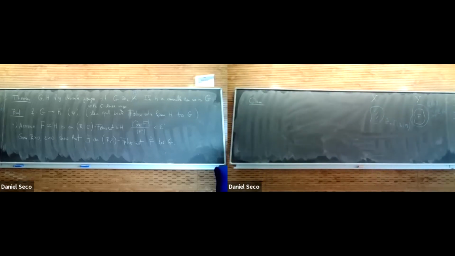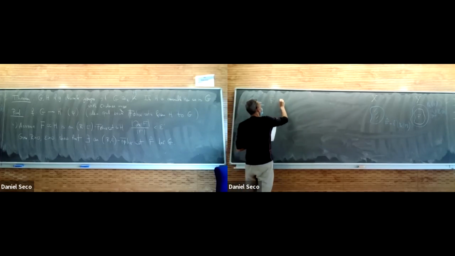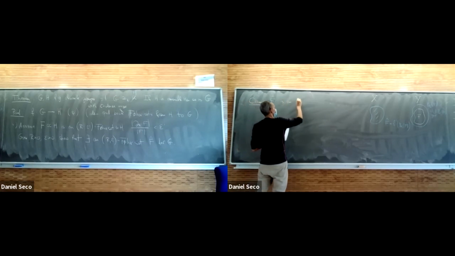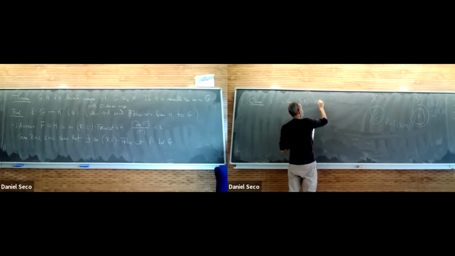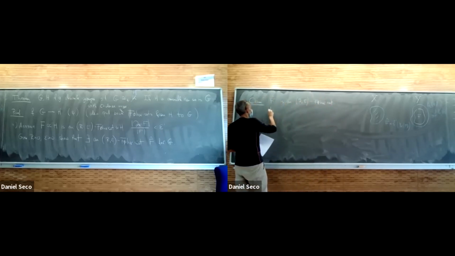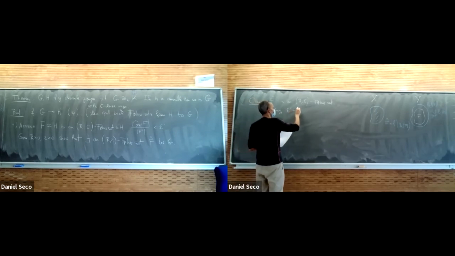You forgive me. F hat is our (R, epsilon) Følner set, taking epsilon prime to be epsilon over M squared.